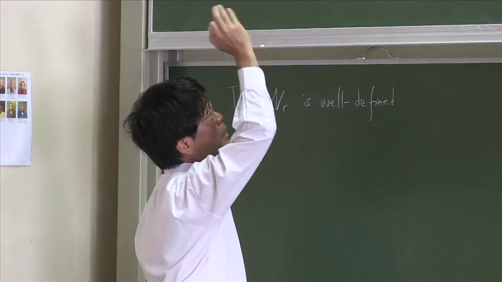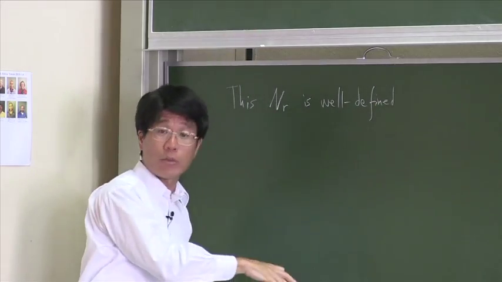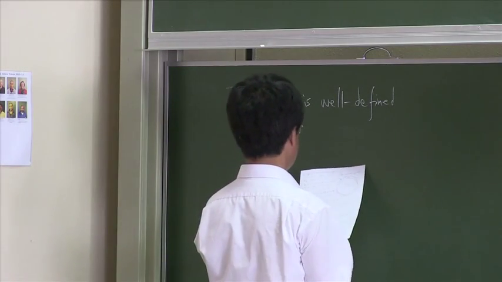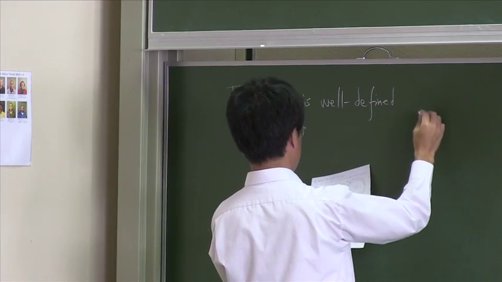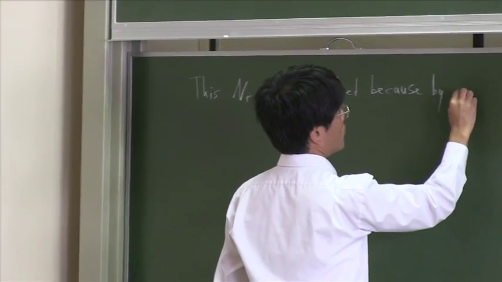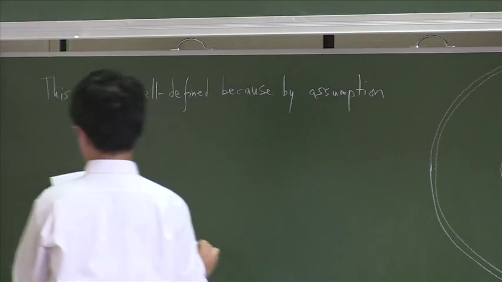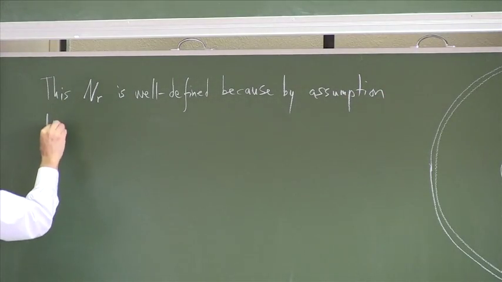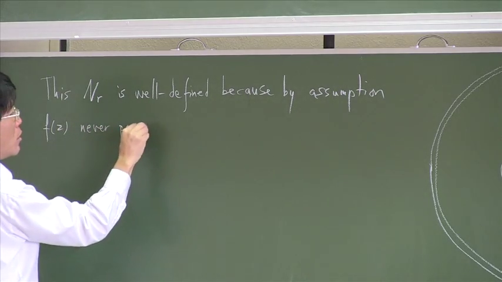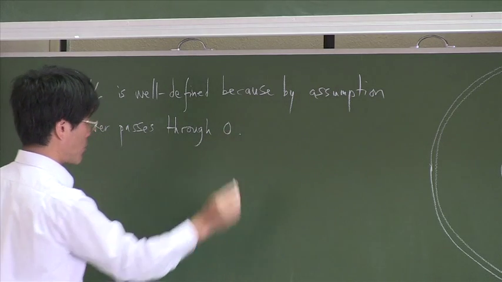But as it is, because we are assuming that f of z is everywhere non-zero, we can continue the proof. Logic does not stop. Okay, so it's well defined because precisely by assumption, f of z never passes through 0, correct? Okay.